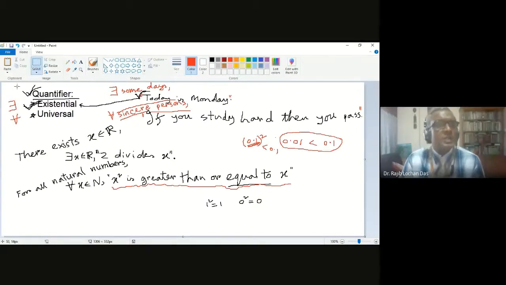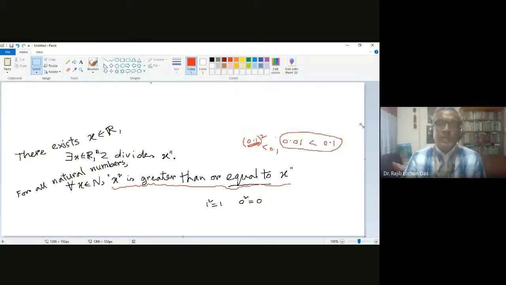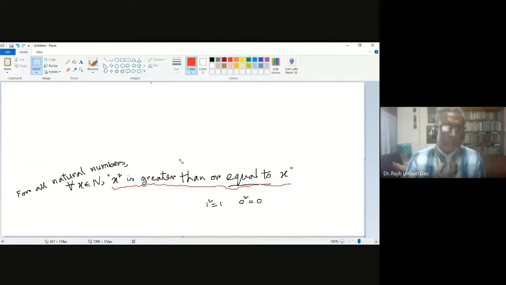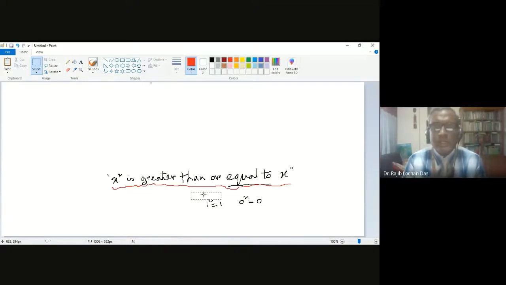Okay, existential means something may be correct, but it is not correct for every situation. Maybe it is correct only for some. Say, for example, I am saying about this x square is greater than or equal to x.